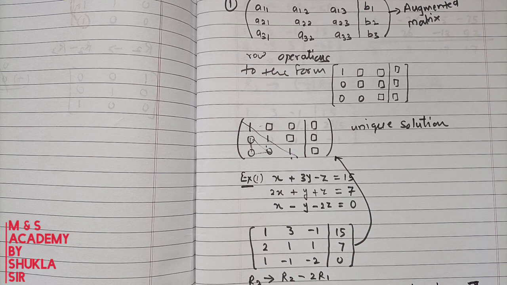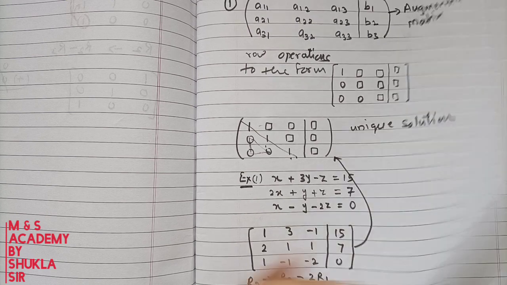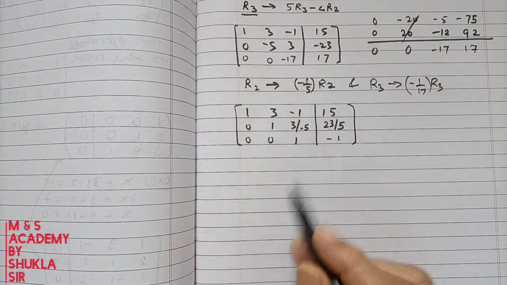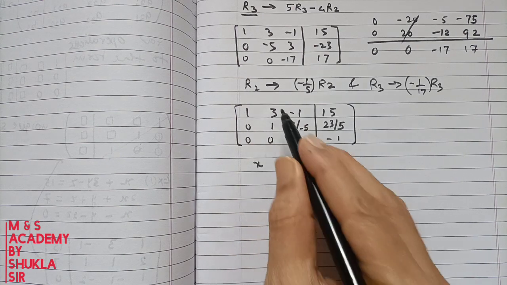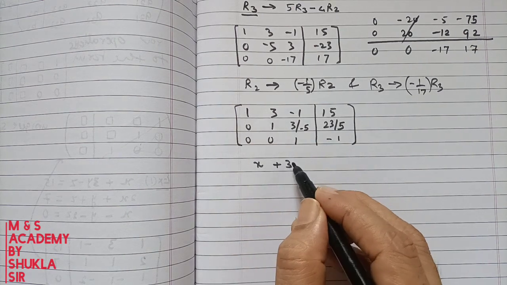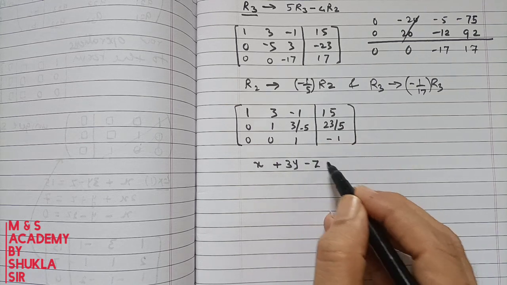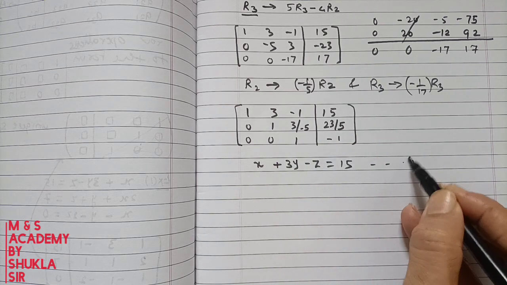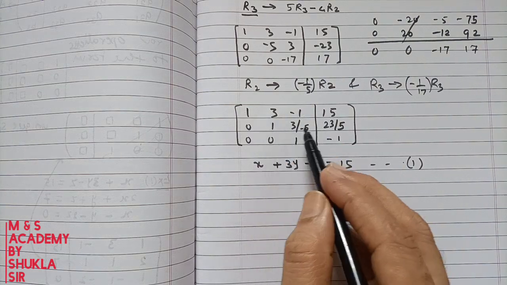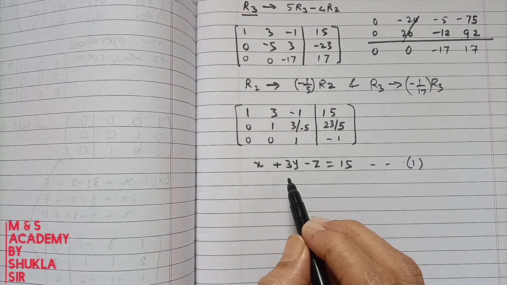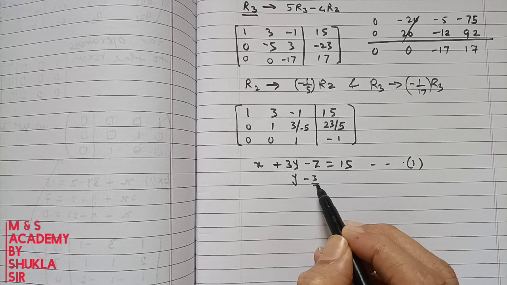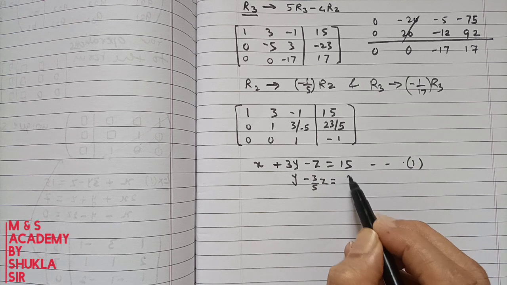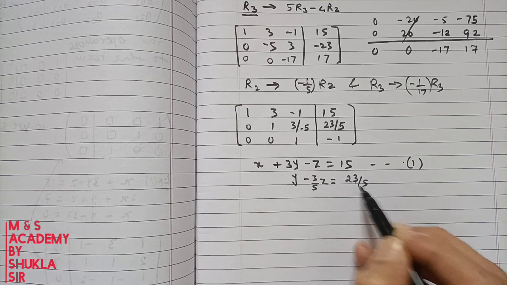It may be 0, but that is not our concern. From this you can write three equations: x plus 3y minus z is equal to 15, which is equation number 1. From the second row you can write the second equation: y minus 3 by 5 z is equal to 23 by 5.